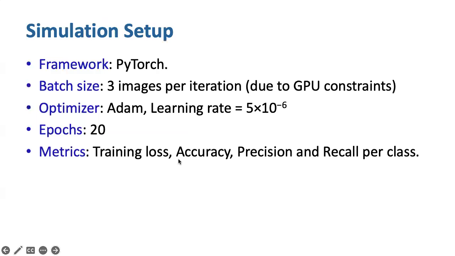In the PyTorch implementation, we are using batch size 3, because if we increase the batch size from 3 to more, it will put pressure on the GPU, and because of the limitation, we use only 3 images.